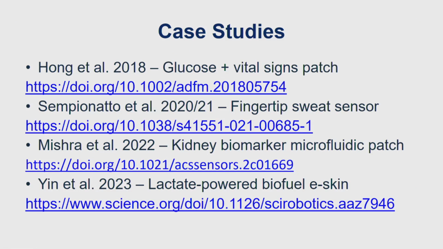Then Mishra published a kidney biomarker, which is a glorified name for a urea biosensor. And then we had Yan et al., an example of how lactate was monitored, where lactate powered biofuel cells were employed for this particular study.